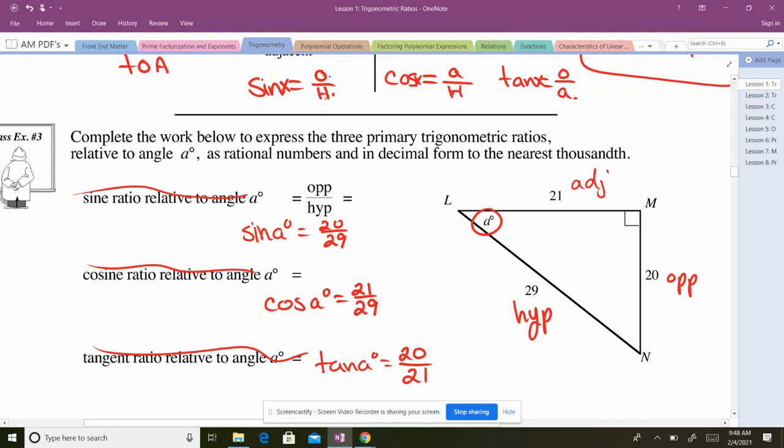First step, label all the sides. Second step, figure out your trig ratio. Let me write the sine. I'll just put x, but the letters might change in the questions. Sine of x is opposite over hypotenuse. Tan of x is opposite over adjacent. And cosine of x is adjacent over hypotenuse.